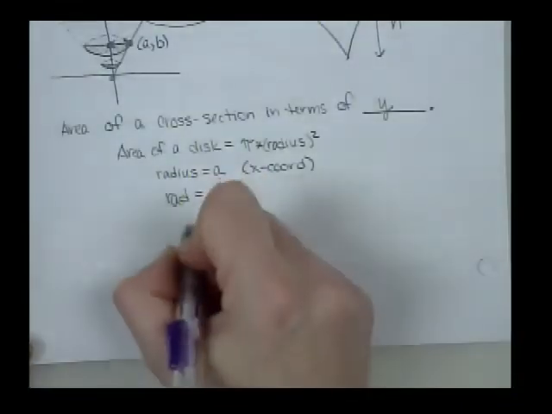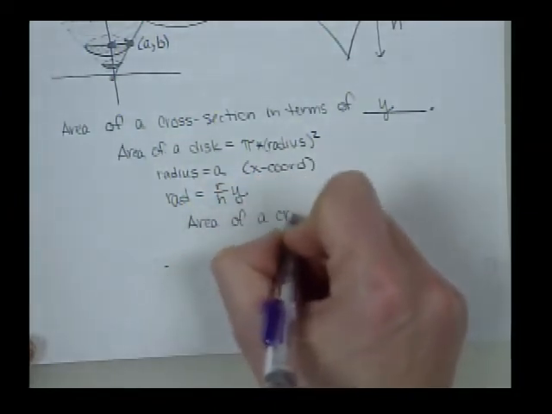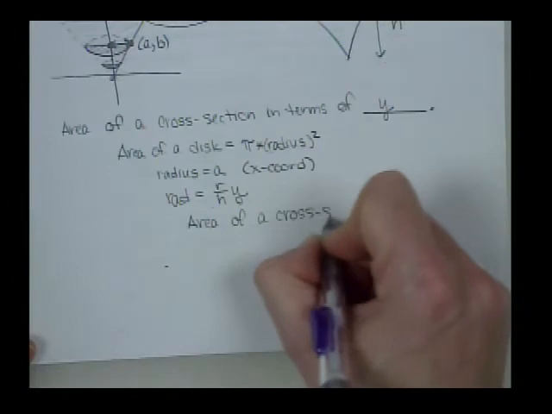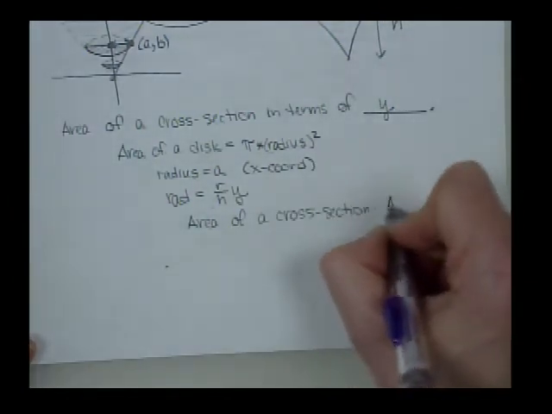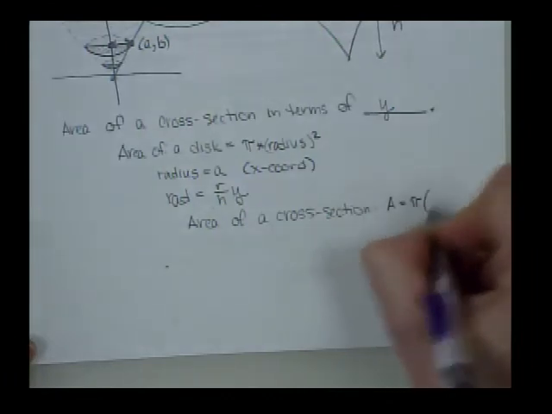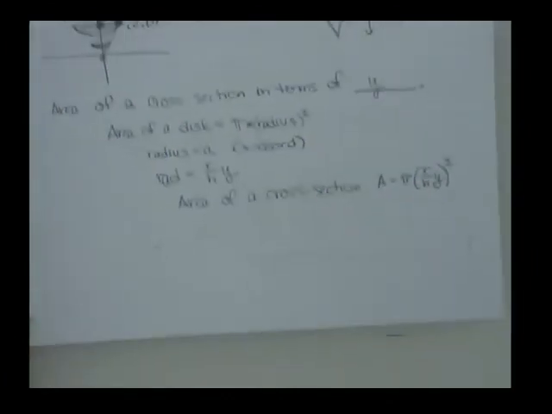So then the area of a cross section is A equals pi times (r over h y) quantity squared.